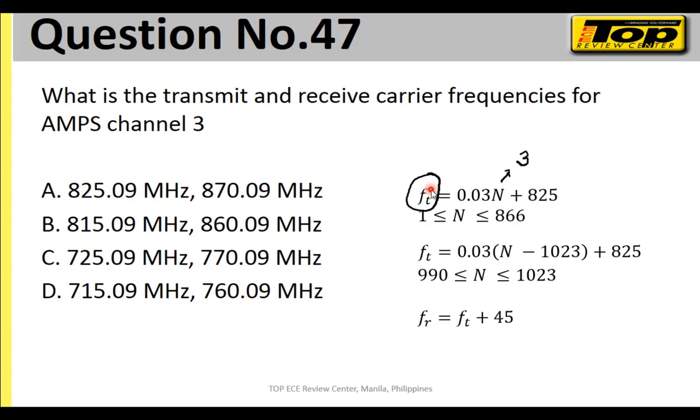At yan ay lumabas sa board exam nung nakaraan. Okay, so the answer for this question, number 47, if you have calculated it, that will be 825.09 megahertz. That's the transmit. And the receive, it is 870.09 megahertz. That's the receive. So letter A, number 47.